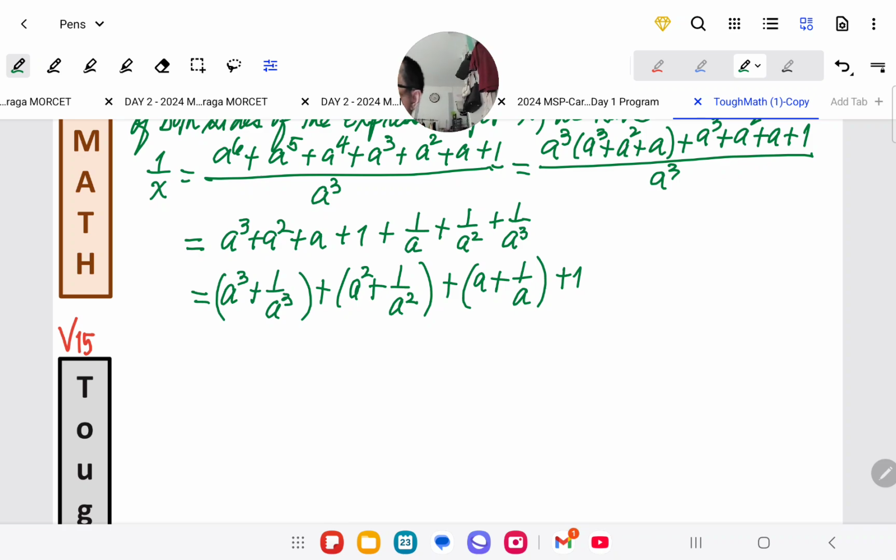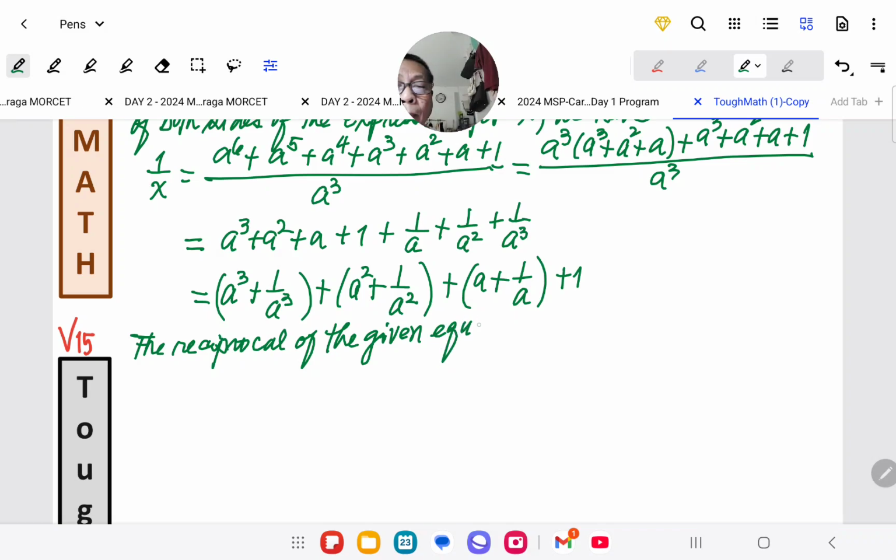Now, also, from the given equation, the reciprocal of the given equation is 1 plus a squared over a, which is equal to 1 over a plus a, which is equal to 3.